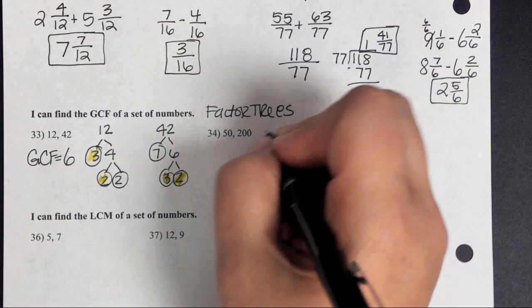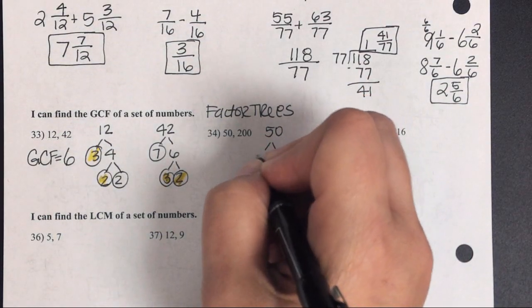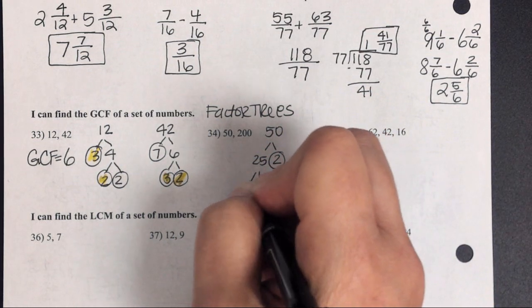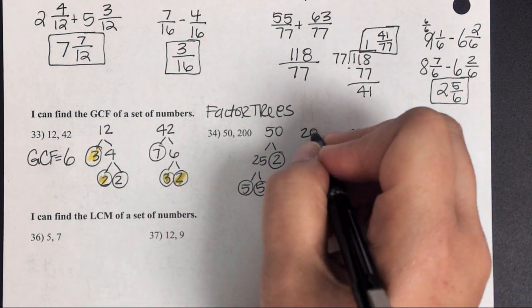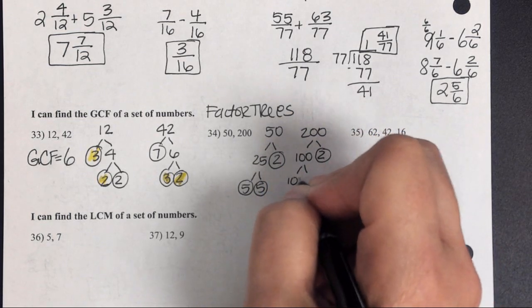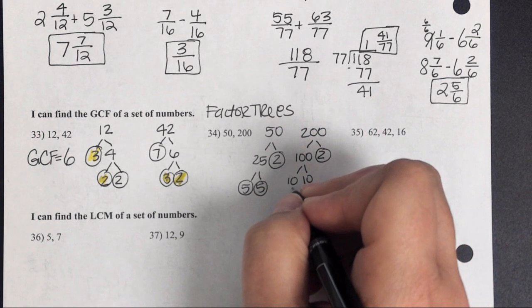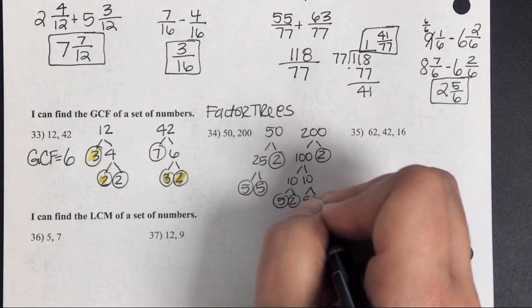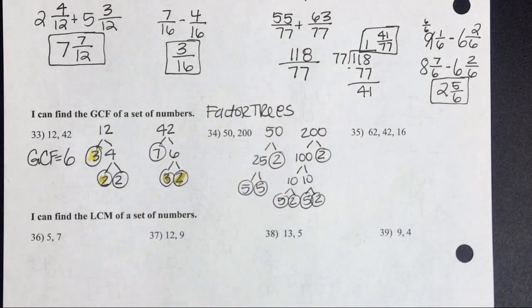Okay, so we have 50. This is going to be 25 times 2. Split those two apart. And we have 200. That's going to be 100 times 2. Now, see what they have in common?